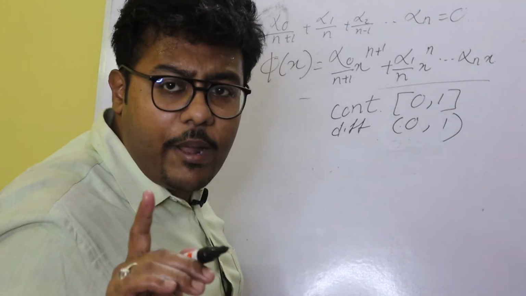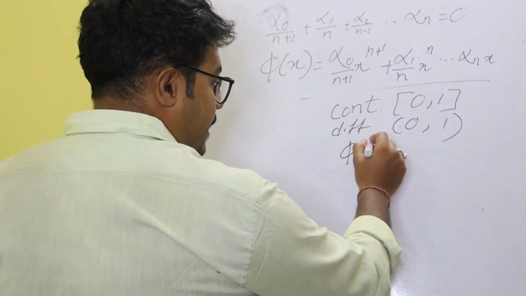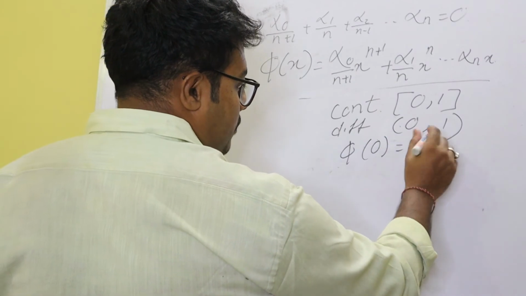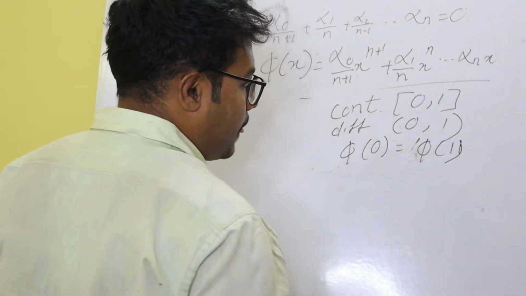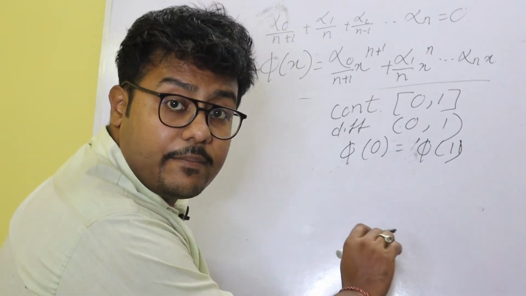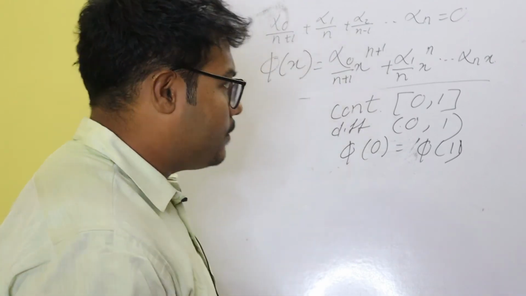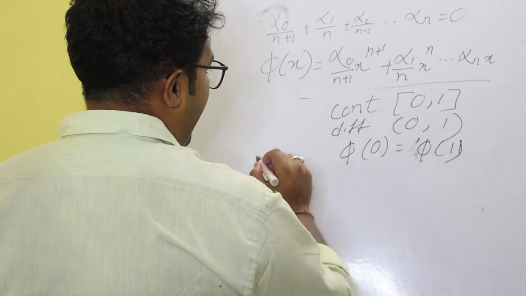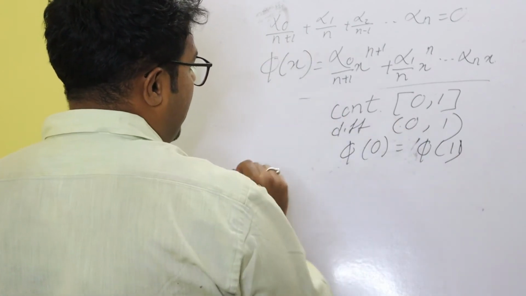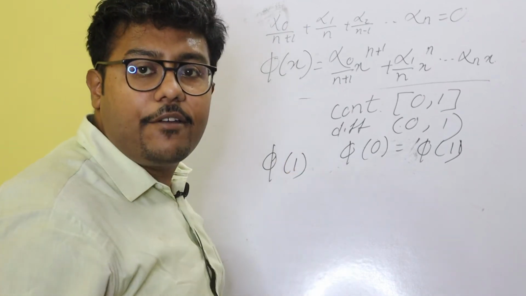But to apply Rolle's theorem, another condition must be satisfied, that phi of 0 is equal to phi of 1, right? This thing must also be satisfied to apply Rolle's theorem. Now observe something. If we put 1 in place of x, what do we get? Calculate phi of 1.